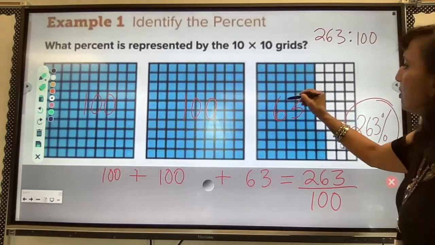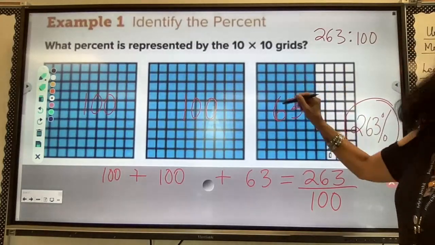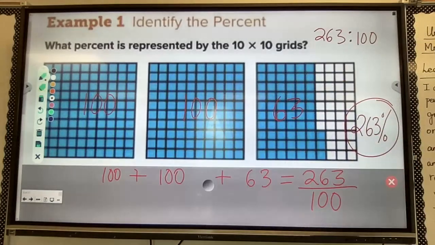So I can count the number of whole grids for hundreds, the number of whole columns in the partially shaded grid for tens, and the number of squares in any partially shaded columns for ones to obtain the total number of shaded squares without counting every square.